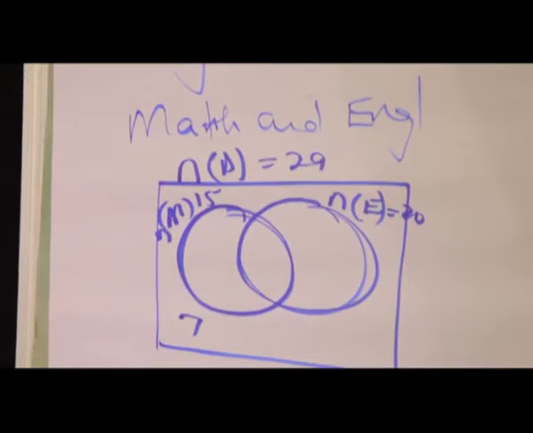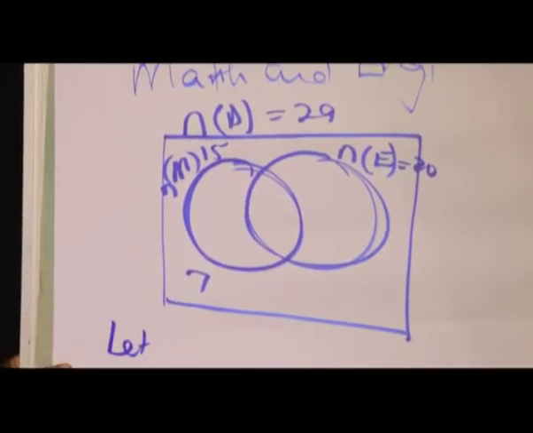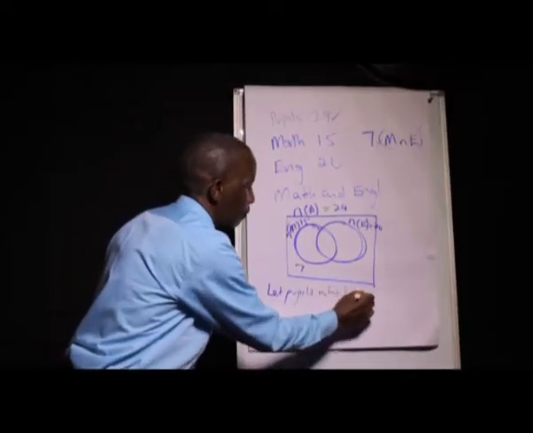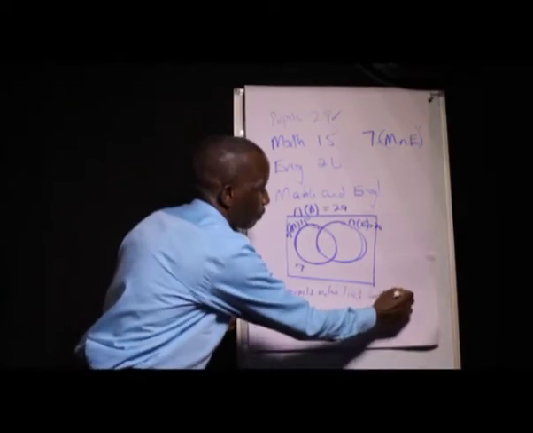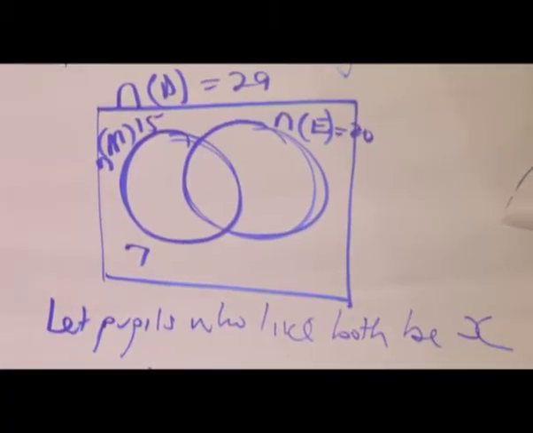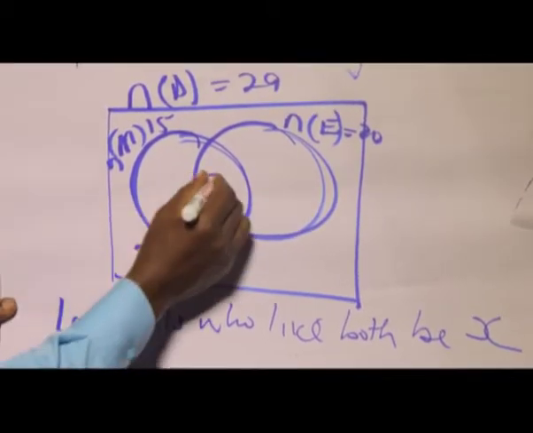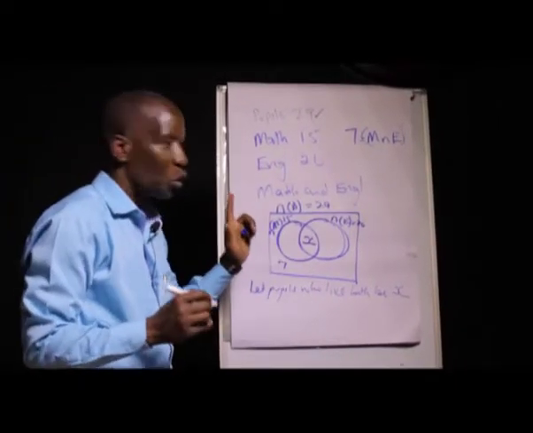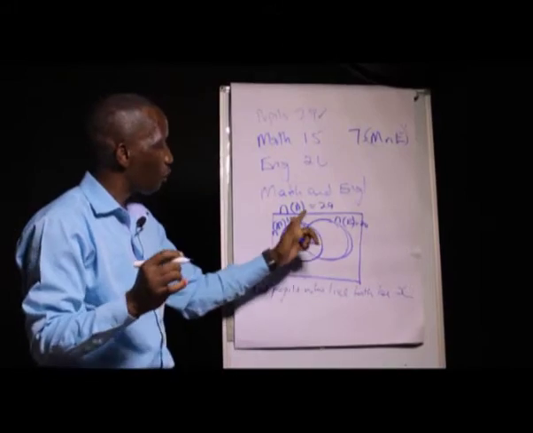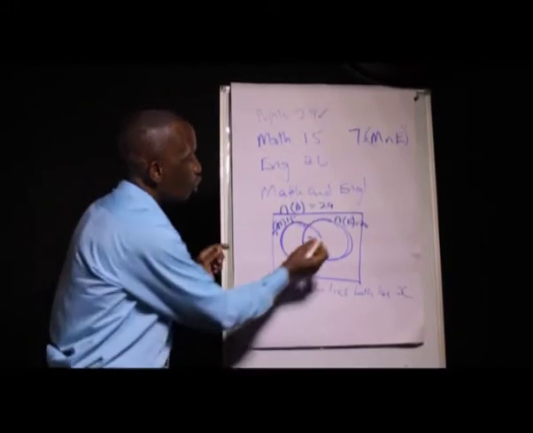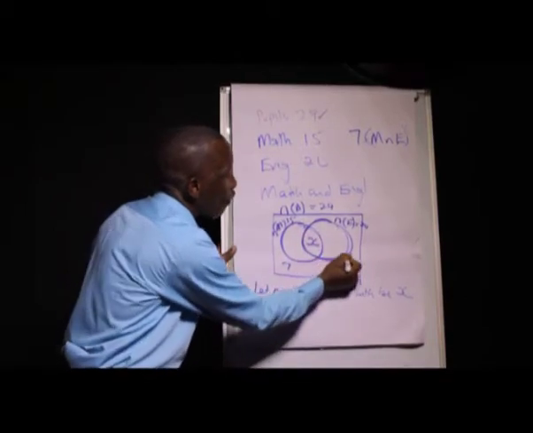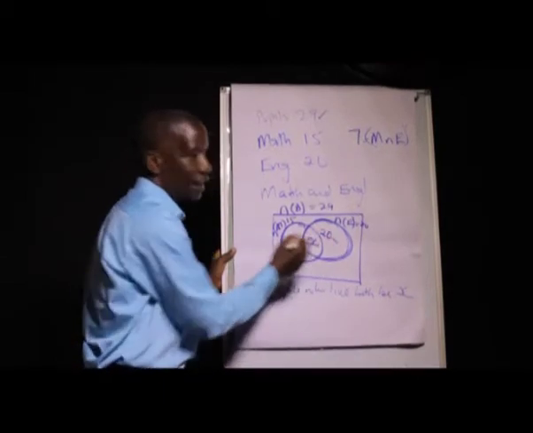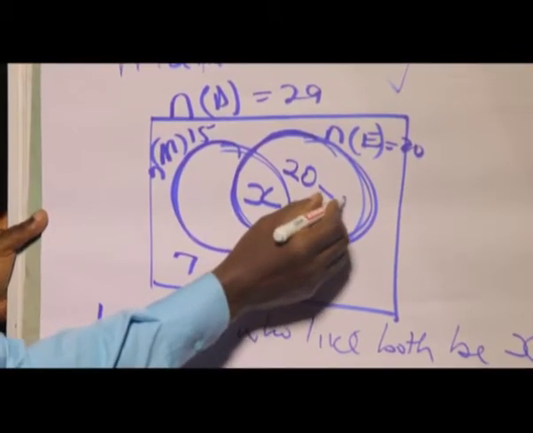Let us, for example, call pupils who like both X. Good, X. So to get the number of pupils who like only English, we have to get the number of pupils who like English and take away pupils who like both.